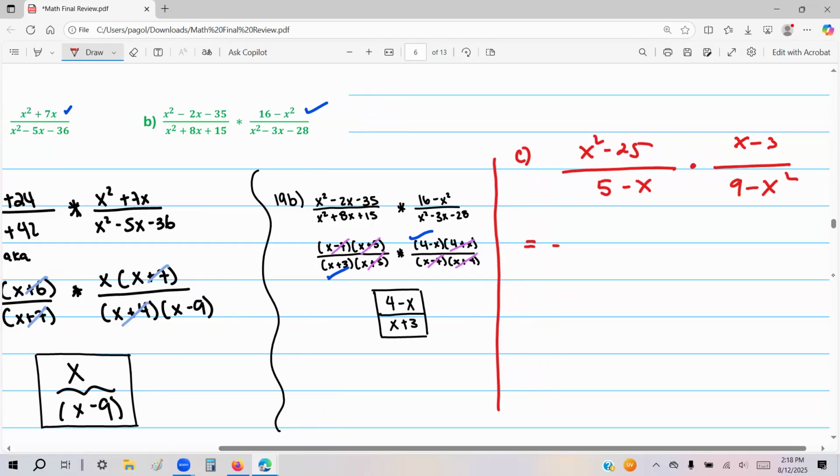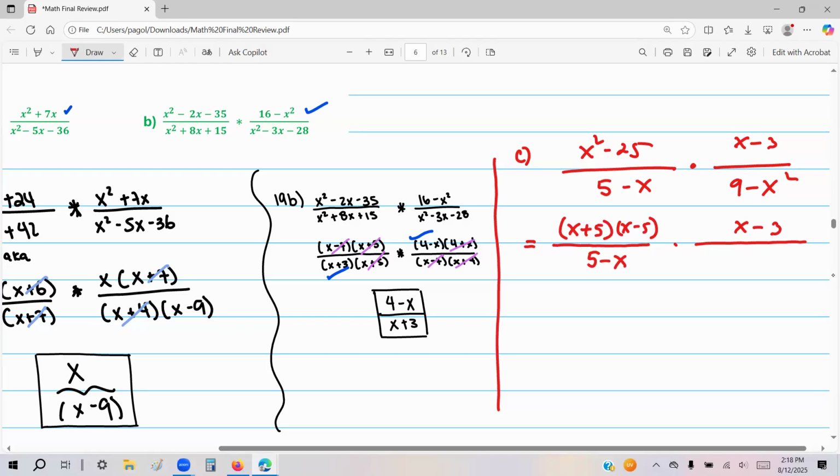What's the first step? What are you going to do? Factor. So what are the two factors we get from x squared minus 25? x plus 5, x minus 5. And on the denominator, we have 5 minus x. On the numerator, we have x minus 3.